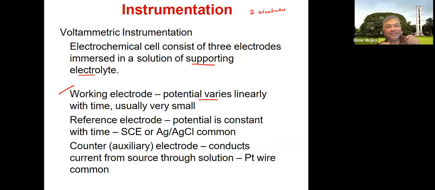Ano yung binabago nyo doon sa system ng study na yun? Because that's how we're going to define this electrode. In potentiometry, our indicator electrode is our working electrode. So yan yung counterpart natin doon.